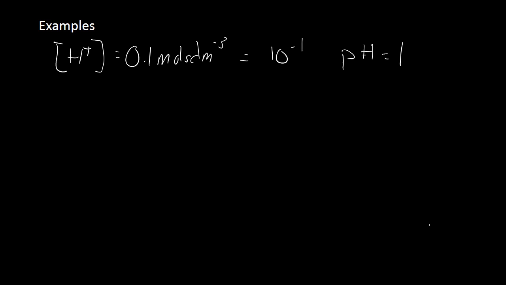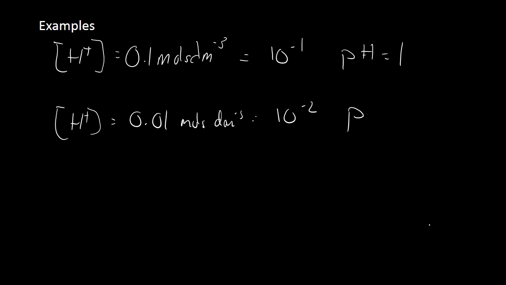If your hydrogen ion concentration equals 0.01 moles per decimeter cubed, we turn that into 10 to the negative 2, plug that into the negative log of that value, and you get a pH of 2.